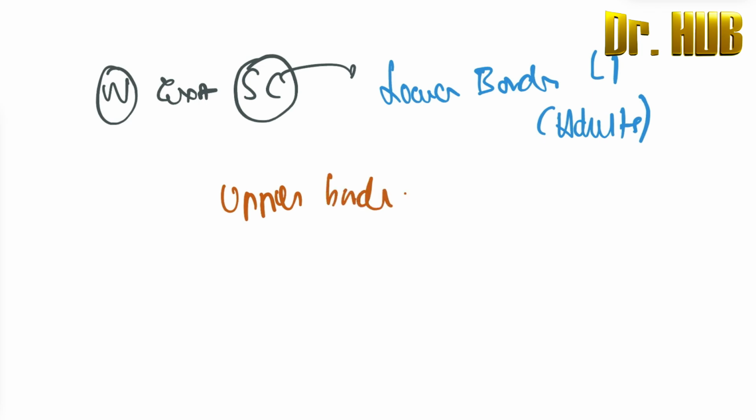The upper border is L3, and this is seen in infants. So lower border L1 in adults and upper border L3 in infants. Not children, it is infants.